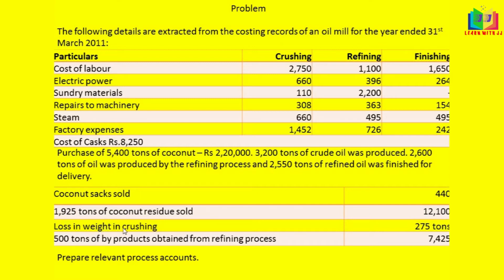Loss in weight in crushing, under process 1, is 275 tons. 500 tons of byproduct obtained from the refining process, under the second process, is sold for 7,425 rupees. We'll see how to do this problem.